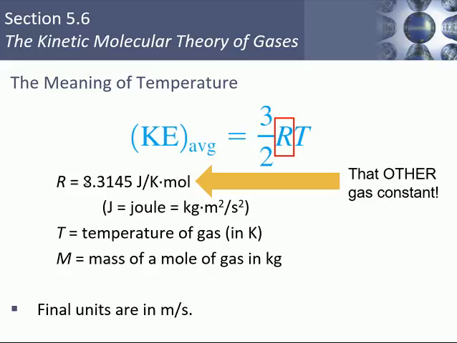So here we have R equals 8.3145 joules per Kelvin mole. Again, a joule has a unit of kilograms multiplied by meters squared divided by seconds squared. Talking about velocity here. Temperature is still in Kelvin.